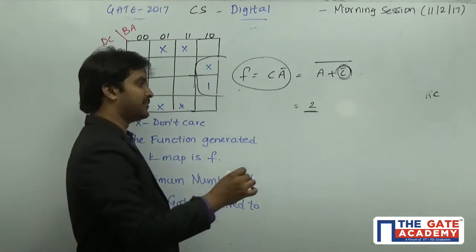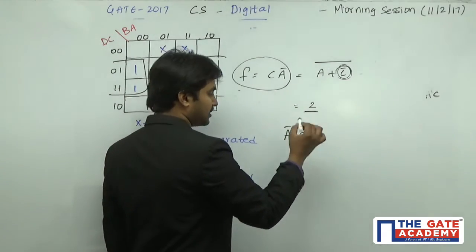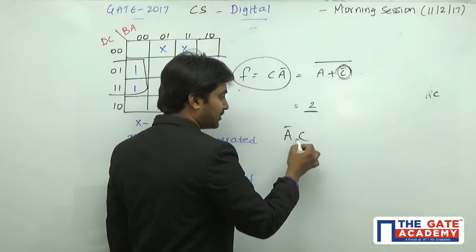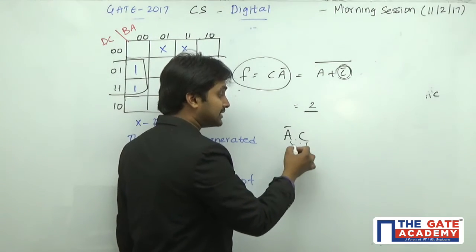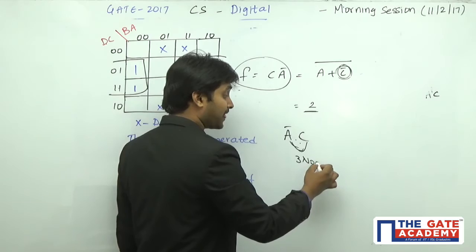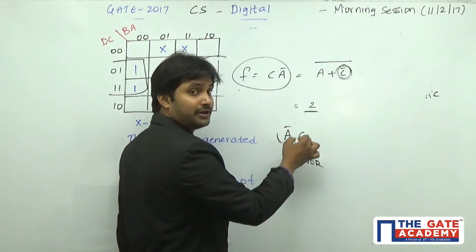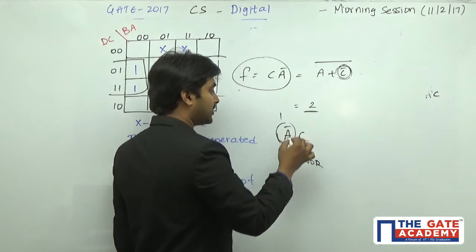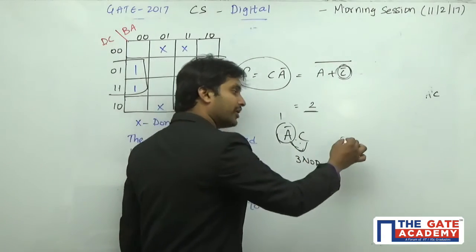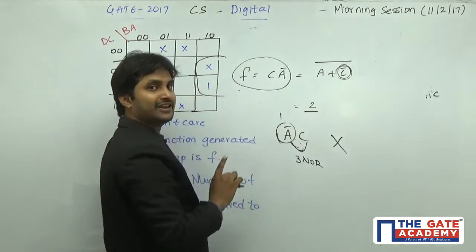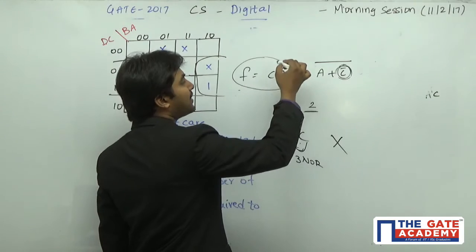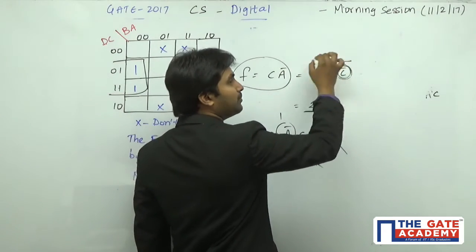See, if you go by the other method, a bar c, to implement a multiplication between a and c, you require 3 NOR gates. And if you go for the complement of a, you require 1 NOR gate. So here the total is going to be 4 NOR gates. That is a wrong answer because there is a better approach available. If you see c a bar, I can write it as (a plus c bar) whole bar.